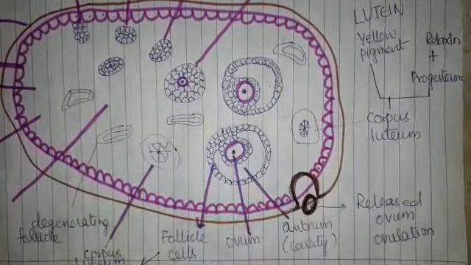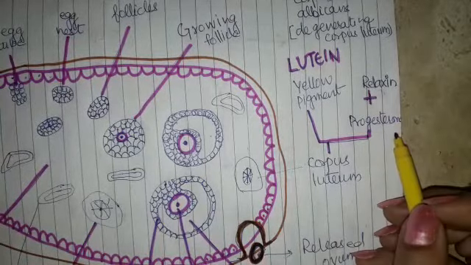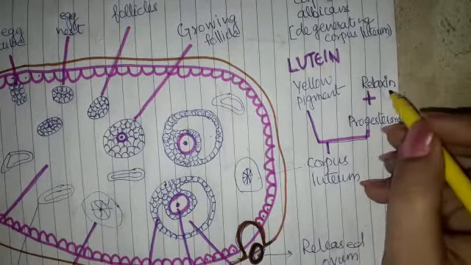And corpus luteum is a yellow colored body because of the presence of a yellow colored pigment lutein. And this corpus luteum secretes two hormones: progesterone, which is required for maintenance of pregnancy, and relaxin.